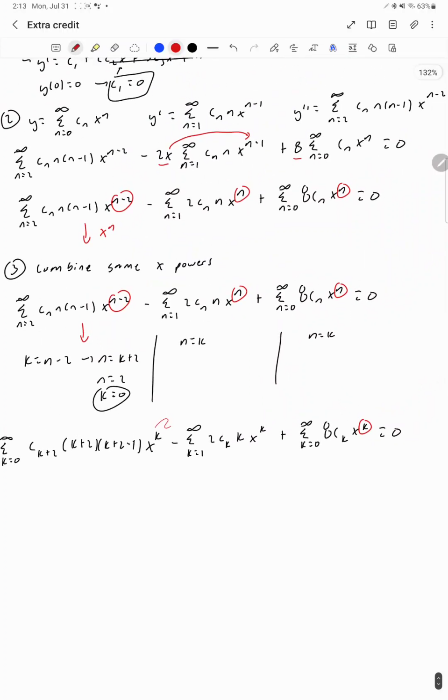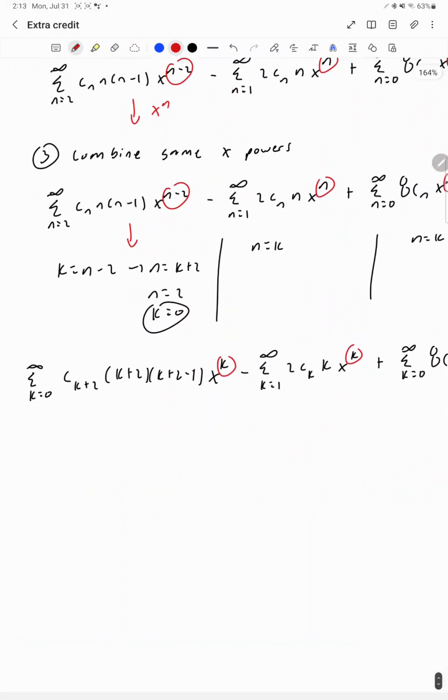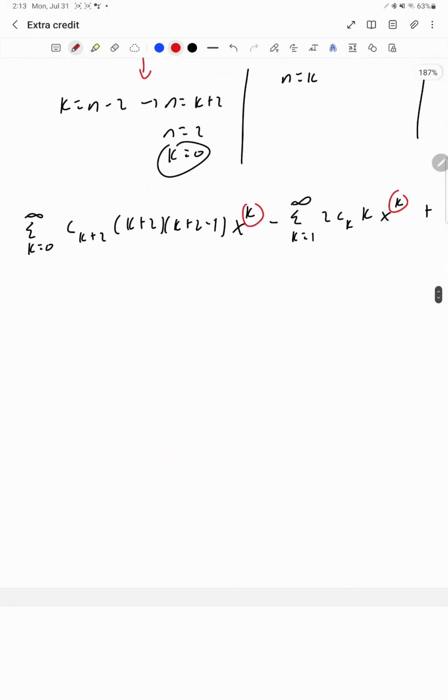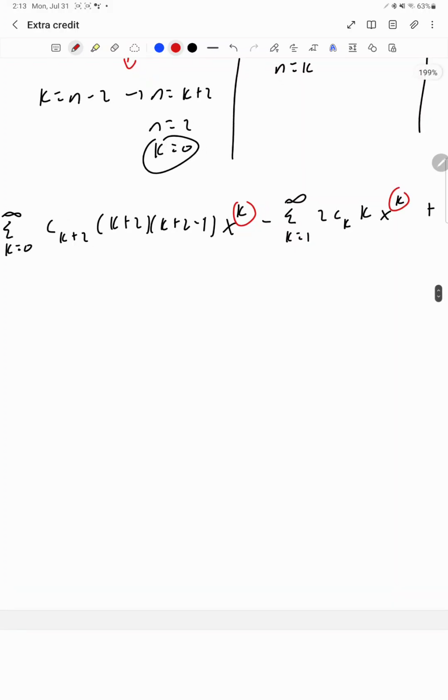So now that we have x to the k's for all three sums, we can now factor out the x to the k.